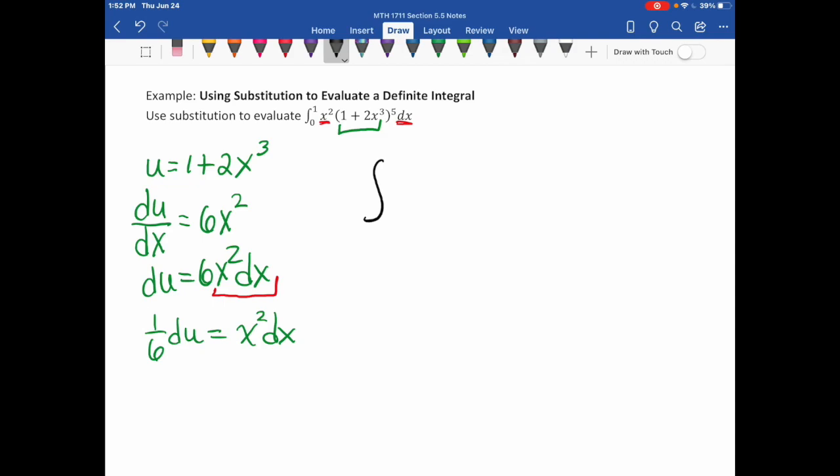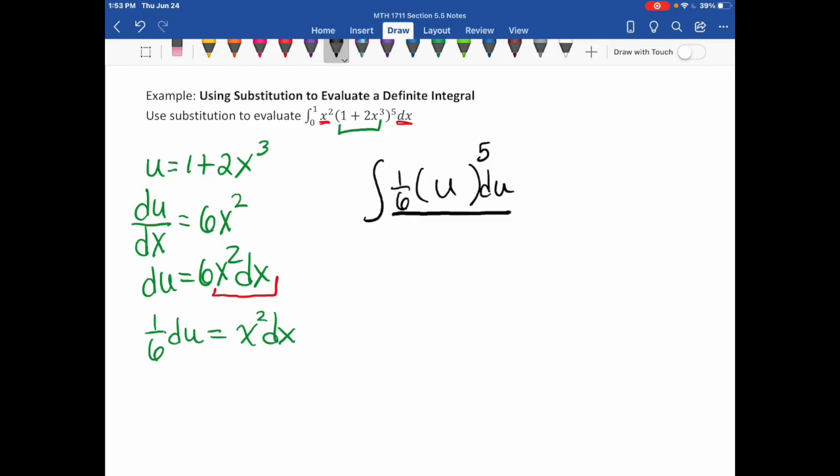I'm just going to show you how we're rewriting the integral without the limits. So I'm replacing x squared dx with 1/6 du. And then I replaced inside the parentheses 1 plus 2x to the third with u, and now I have u to the 5th. So now I have this written in terms of u.